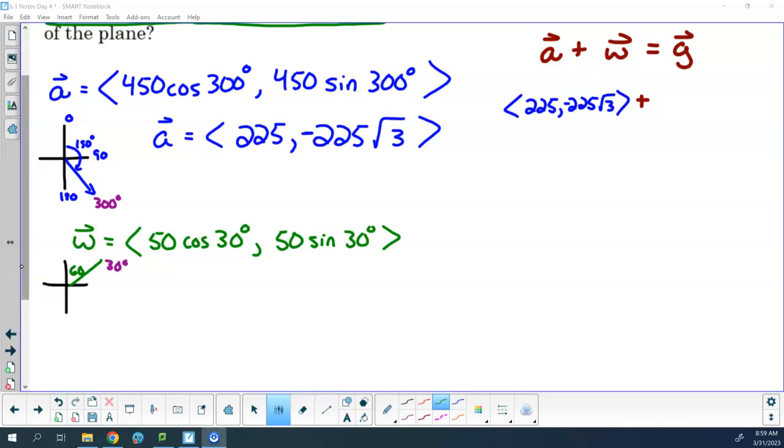Cosine at 30 degrees. It is pi over 3. No, it's not pi over 3. Cosine at 30 degrees is square root 3 over 2, because it's at pi over 6. So, square root 3 over 2 times 50.